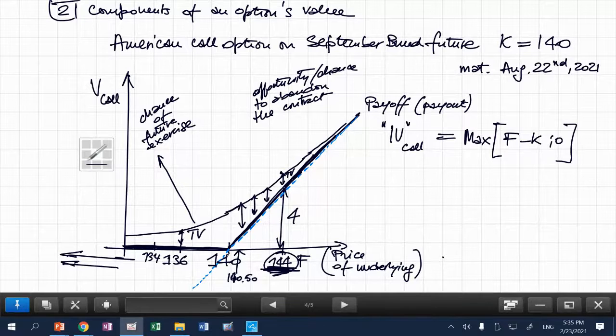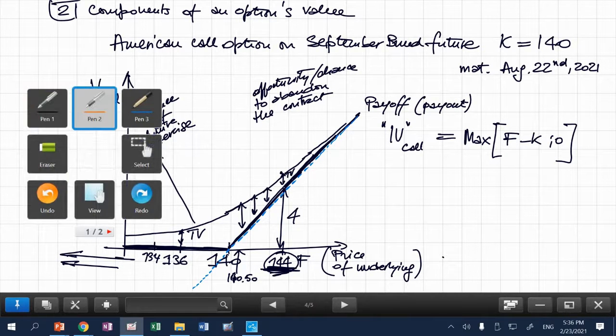Now, let me just add a bit of terminology here to be more refined, because so far I've used sophisticated concepts such as left or right. In real life, one would talk about the option being in the money or out of the money.